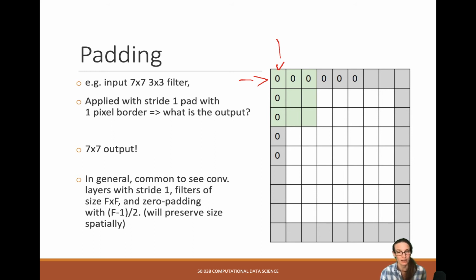Another reason why you want to add this padding is to preserve your input dimension size. So if your input is 7 by 7, you have a 3 by 3 filter, stride size 1, your output would become 5 by 5. But if you apply 1 padding, then actually you preserve the input size of 7 by 7.